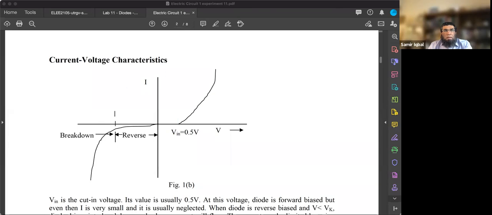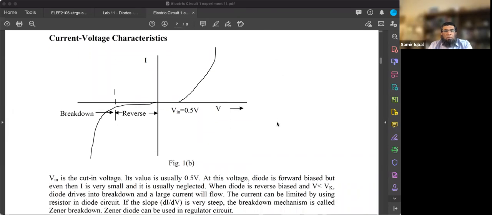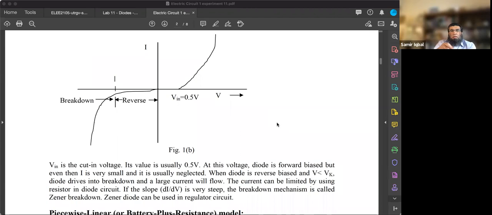On the reverse bias, we have to crank up a long reverse bias voltage before it starts conducting. At that time, it starts conducting to a large extent. It becomes almost a short circuit. We call that the breakdown voltage, after which the diode just starts conducting at a higher voltage.